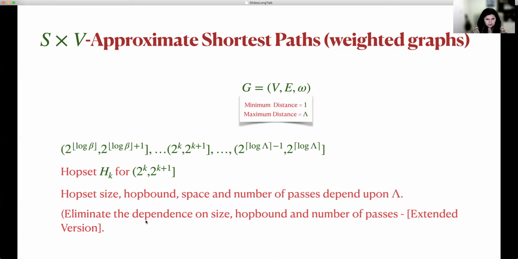So in the extended version of the paper, we eliminate the dependence of size, hop bound, and number of passes on lambda. Our space complexity still mildly depends on lambda, but that is also the case for all the solutions which are based on multiplicative spanners.